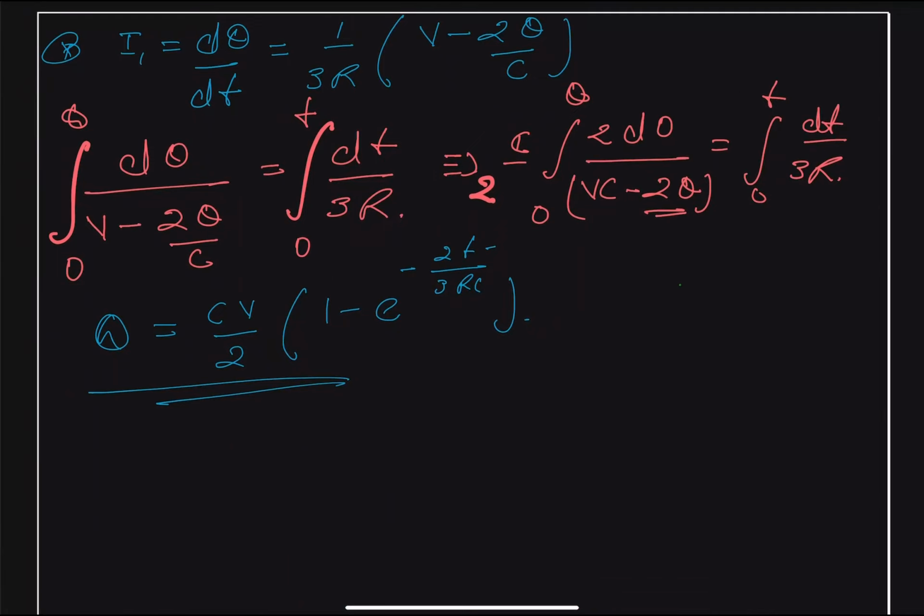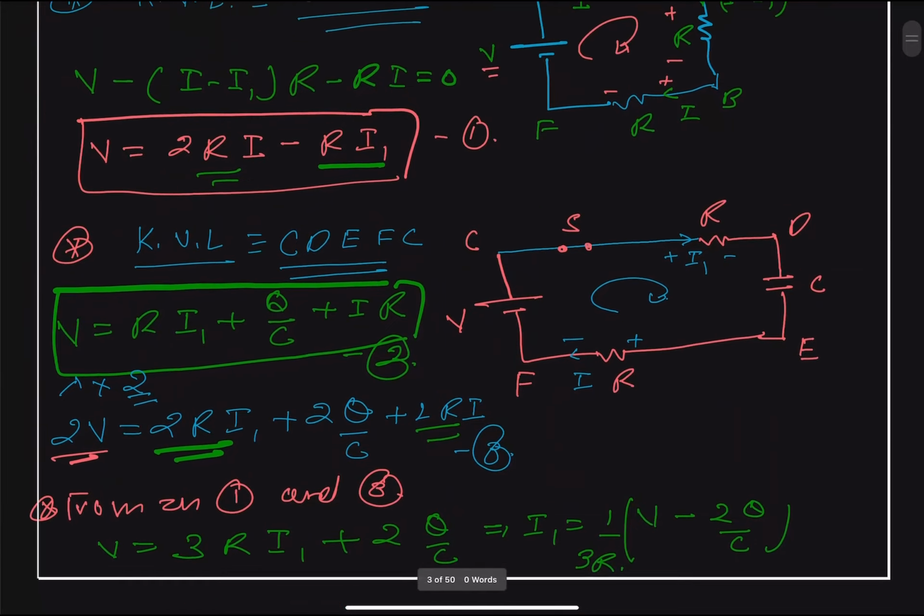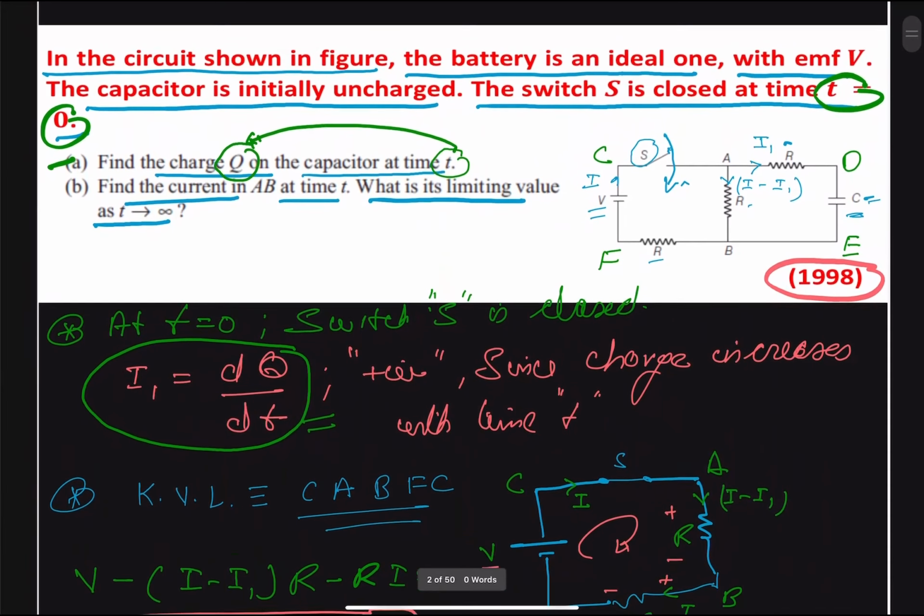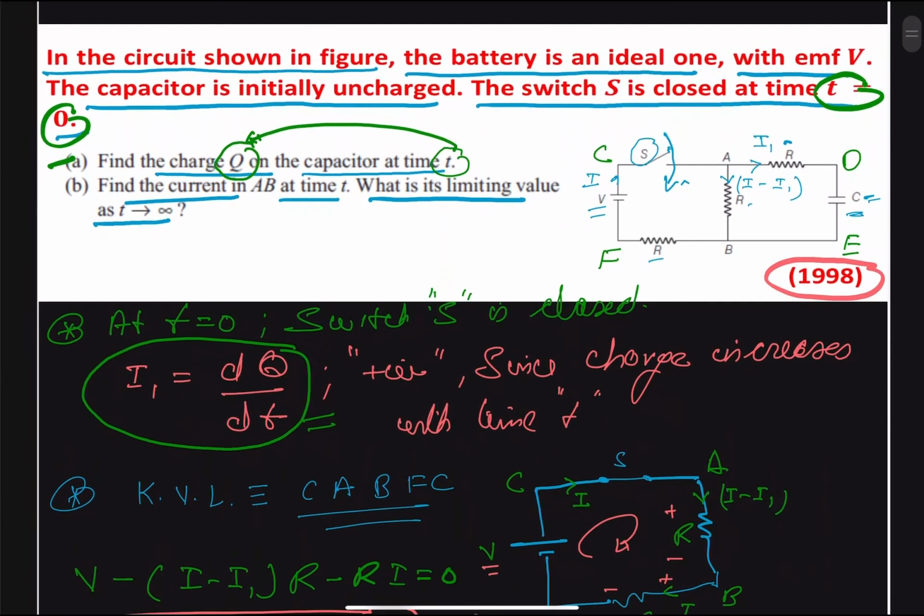And the second part states that we find the current in AB at time t. So we have to find the current through AB, and the current through AB is our I minus I1. And I1 is our dq by dt.